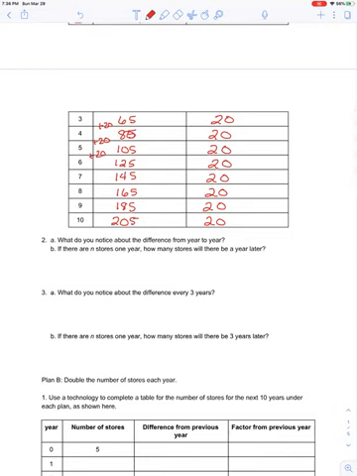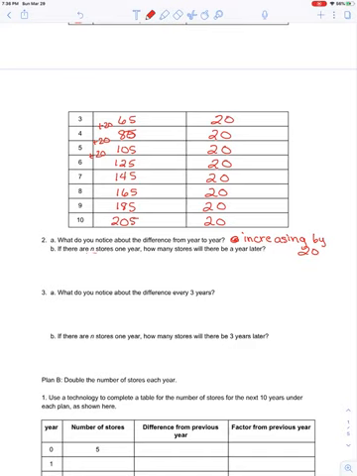So what do you notice about the difference from year to year? If you've noticed the difference from year to year, we always increased by 20, which means if there are some number of stores one year, so if we don't know the year, let's say we want year like 52, but we don't know we want year 52 yet.